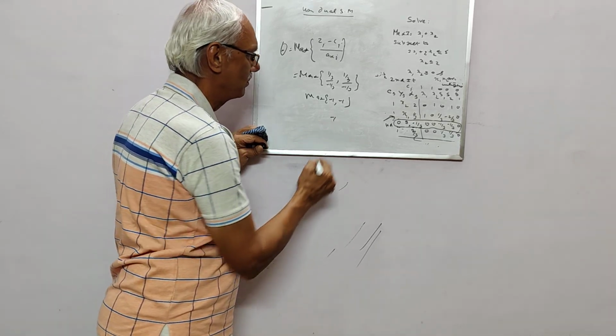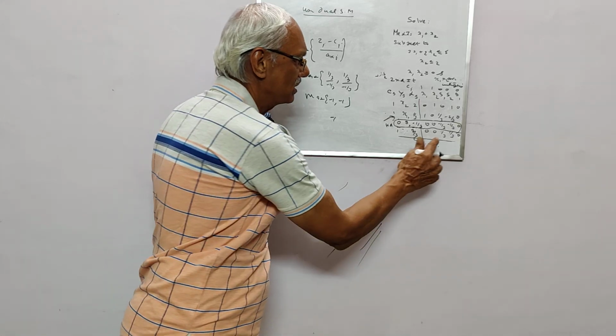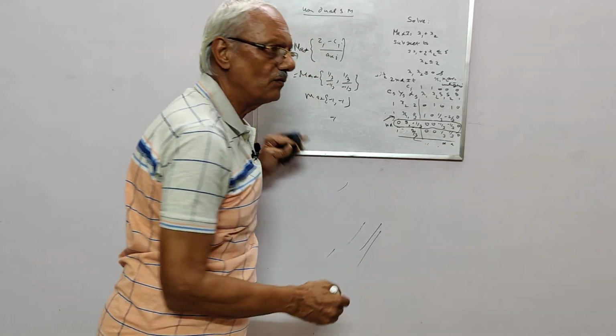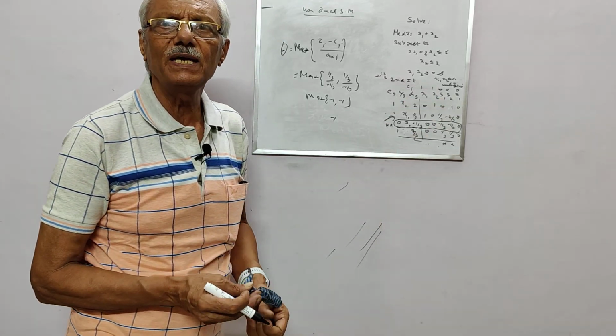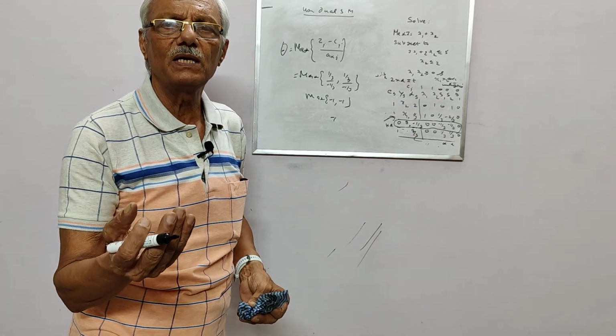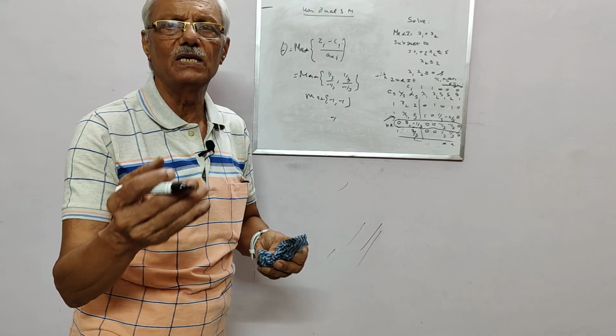So minus 1 is the maximum. But either you can choose this or this. Any of these two you can choose. So let me choose my S1. So S1 comes and G1 leaves.